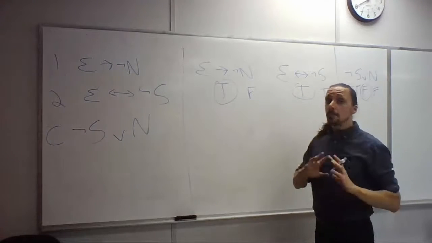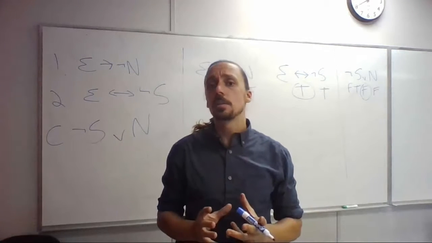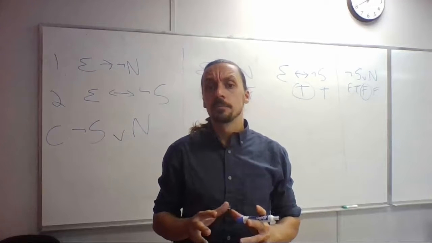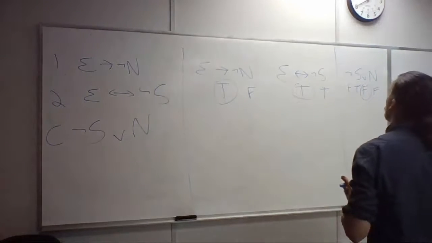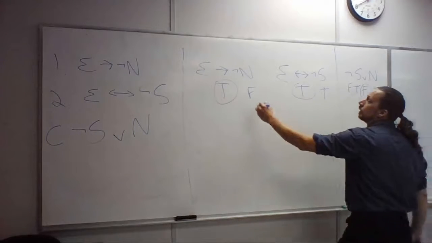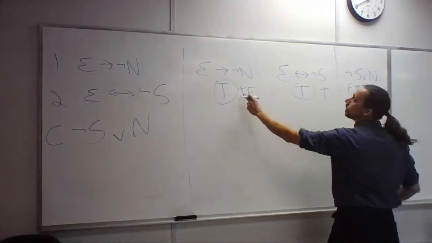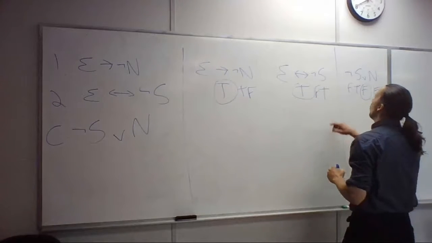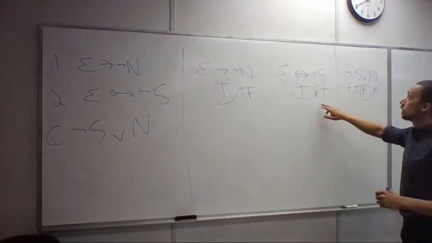At this point, again, I'm not even thinking about what S and N and E represent. I'm just thinking about what the forced moves are given the input I have, which is true premises, false conclusion. So I'm just filling in the details here. We have a negation operator here, so if N is false, then not N is true. We have another negation, so if S is true, then not S is false.